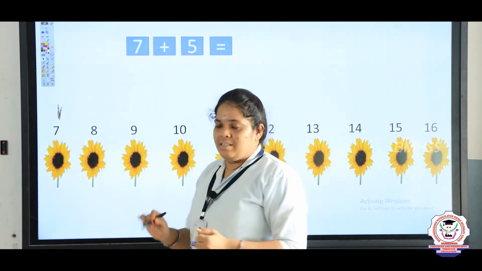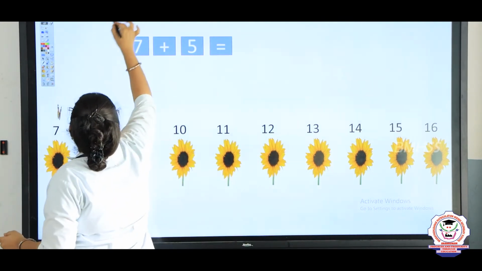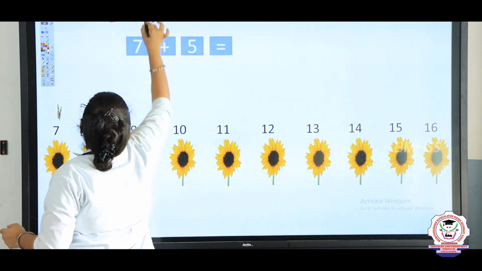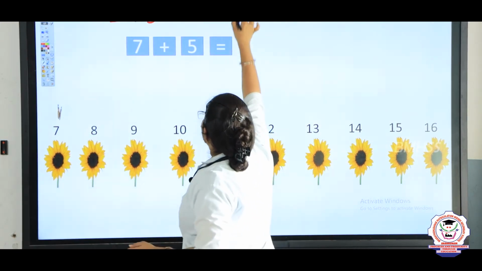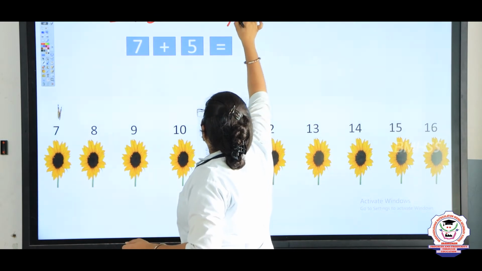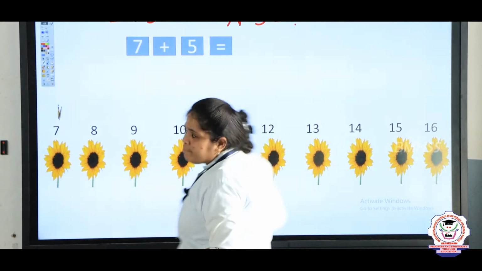So, 2 plus 5 equals number 7. Now, we are adding this 7 plus 5. What will be the answer?